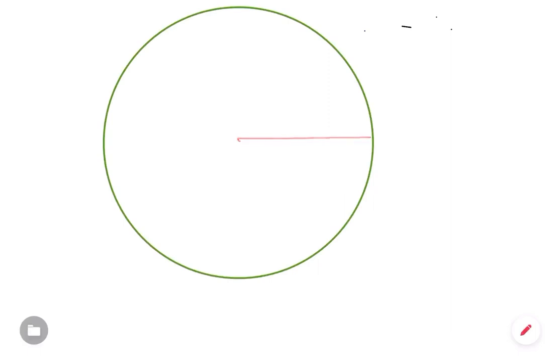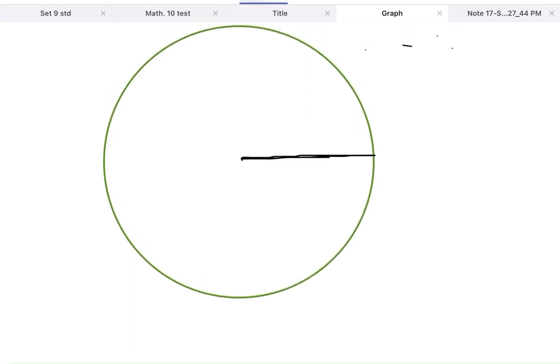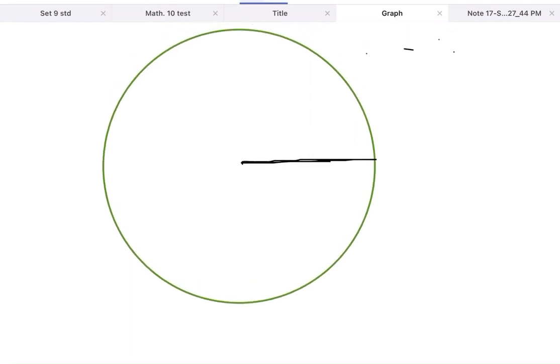So this is the origin, and we have to draw one line from the central point like this. Right now I'm drawing this without using a scale, but definitely you should use a scale and protractor for this.